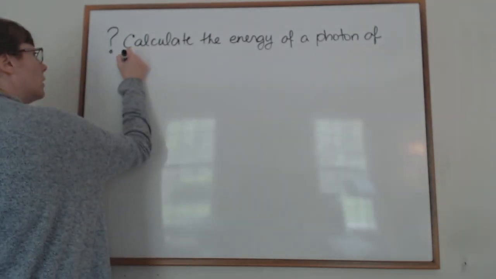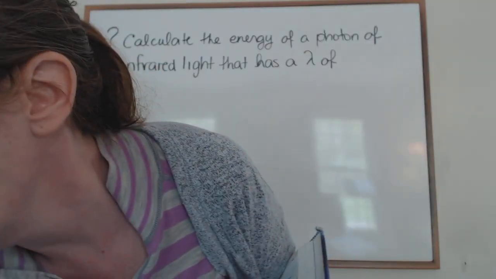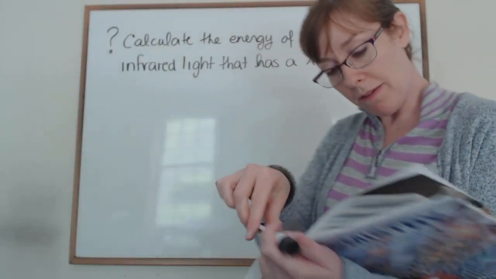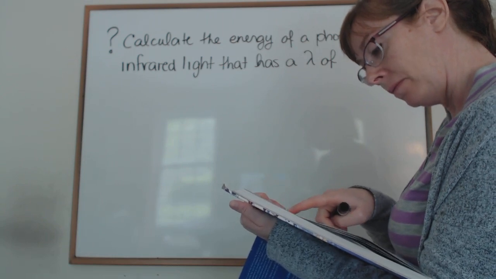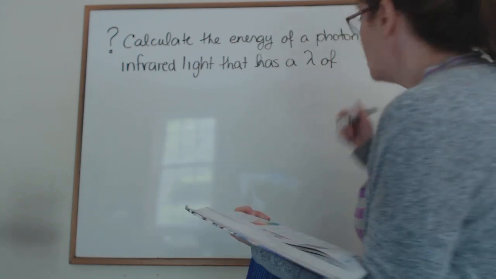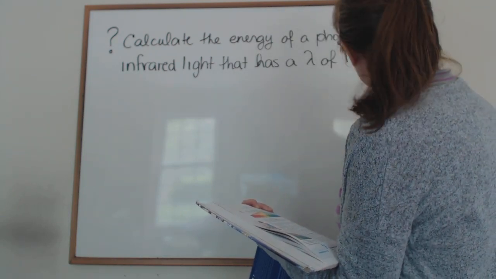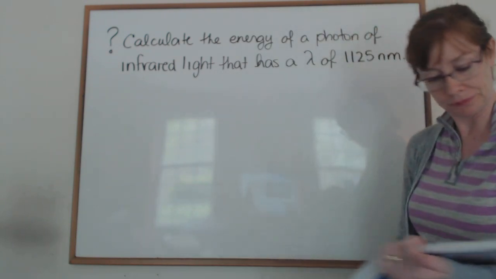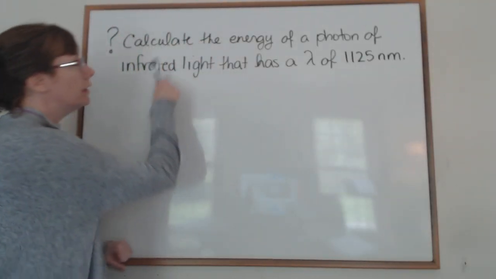Of infrared light that has a wavelength, and notice I'm using that Greek letter lambda for the wavelength, a wavelength of, let's go, 1125 nanometers. Okay. So calculate the energy of a photon.